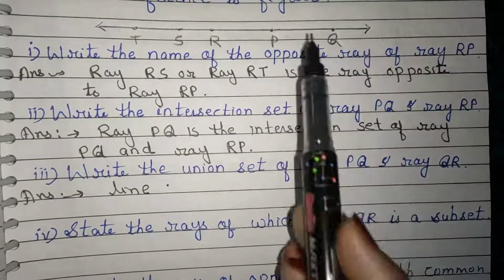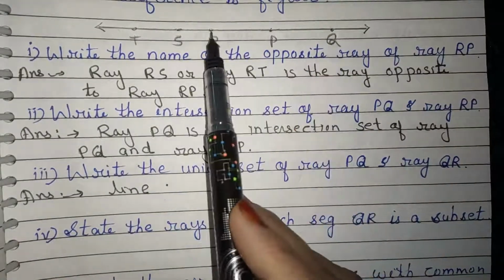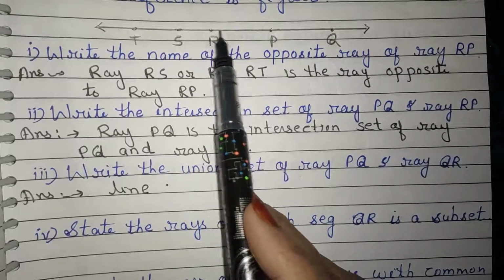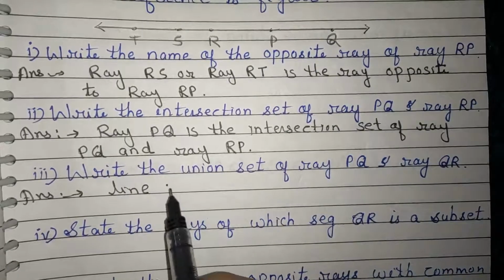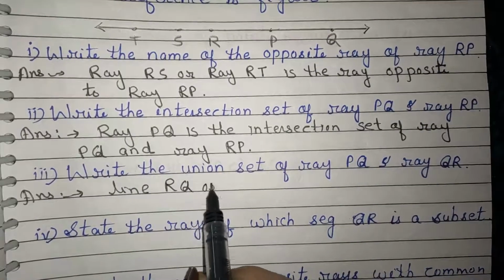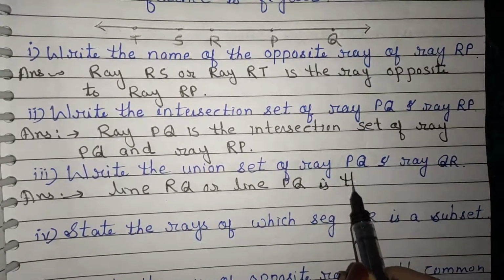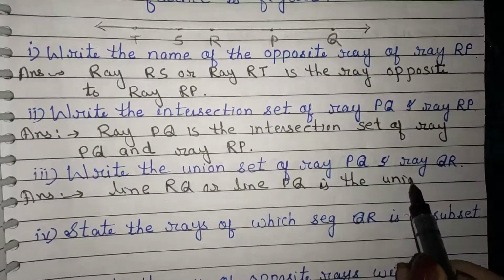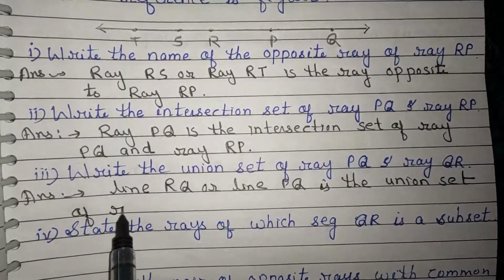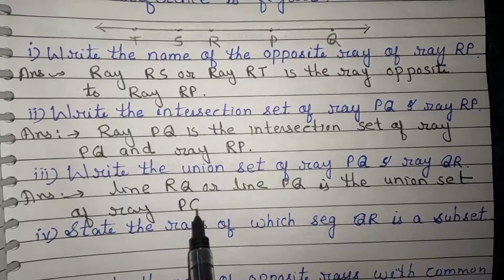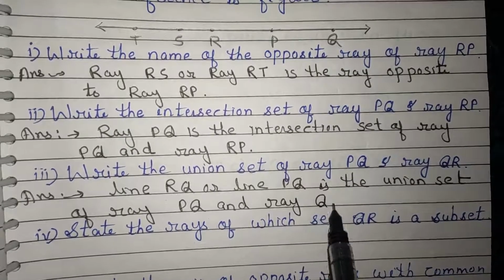Ray PQ means this one and ray QR means this one. Okay, so ray PQ and ray QR, the line we get, we will write it as line RQ, and we can also write it as line PQ. So line RQ and line PQ is the union set of ray PQ and ray QR.